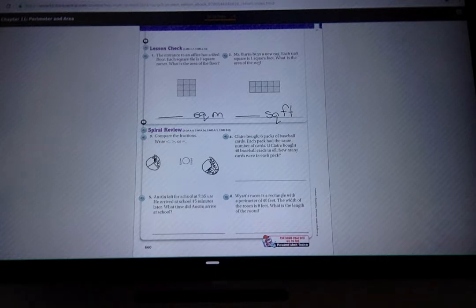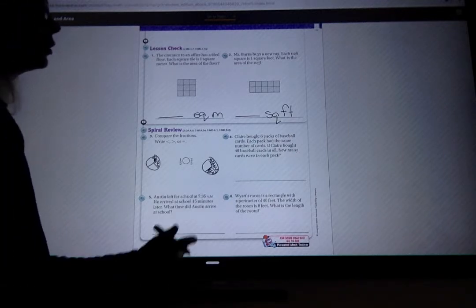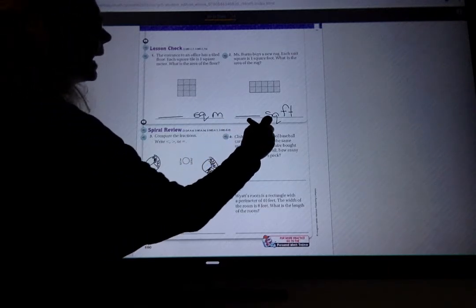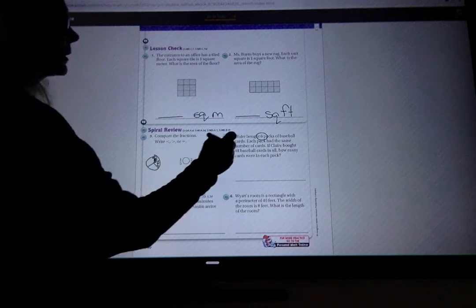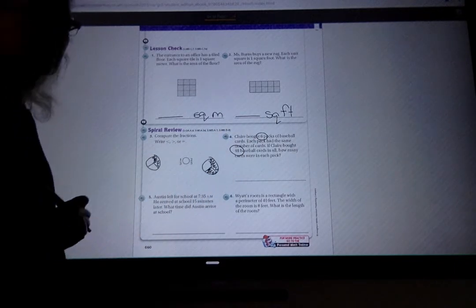Number 4, Claire bought 6 packs of baseball cards. Each pack had the same number of cards. If Claire bought 48 baseball cards in all, how many cards were in each pack? Well, we know that she bought 6 packs, and that when she opened all those cards and counted them, there were 48 all together.